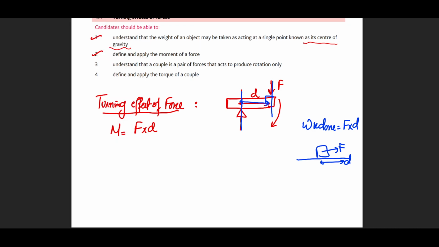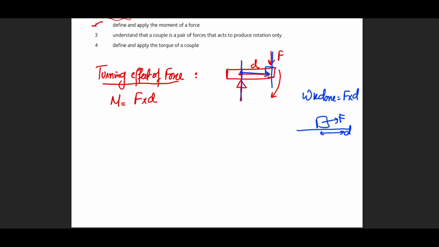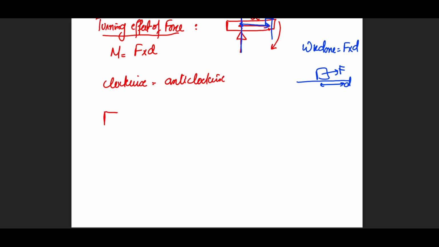Let's move on to the other idea, the principle of moments, which is that the sum of all clockwise moments should be equal to the sum of anti-clockwise moments. This will help us to solve questions. Let's say we have a balanced rod in equilibrium, with forces acting on it at different points on both sides.